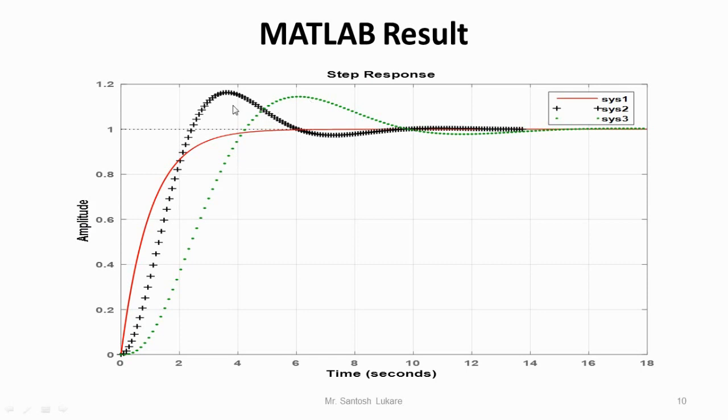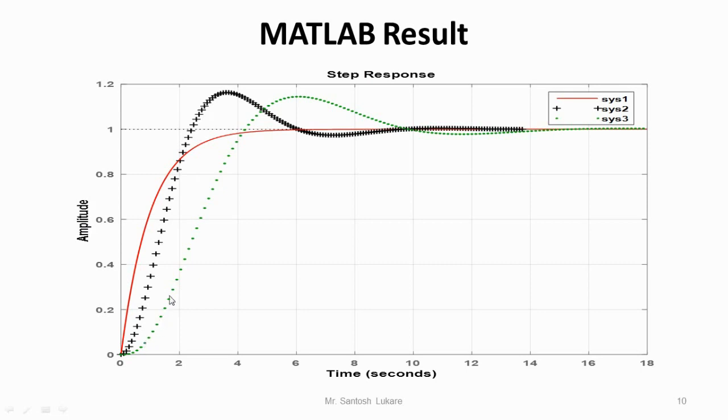Here it is observed that the red plot is just a smooth transition from 0 output to 100% output, that is, it tracks the unit step set point. Similarly, the black graph also tracks the set point, but it has some overshoots and undershoots and takes some time to settle down.